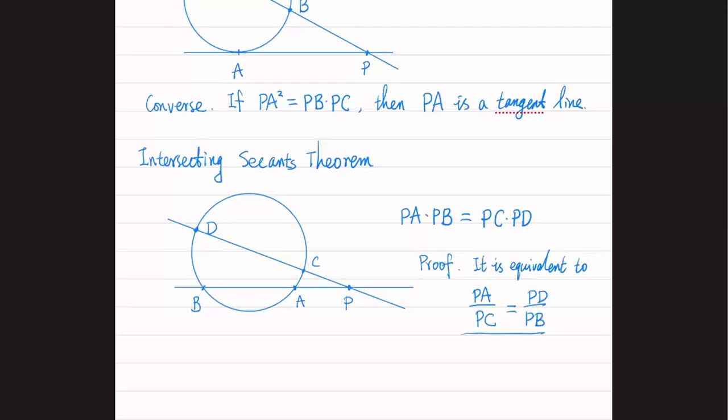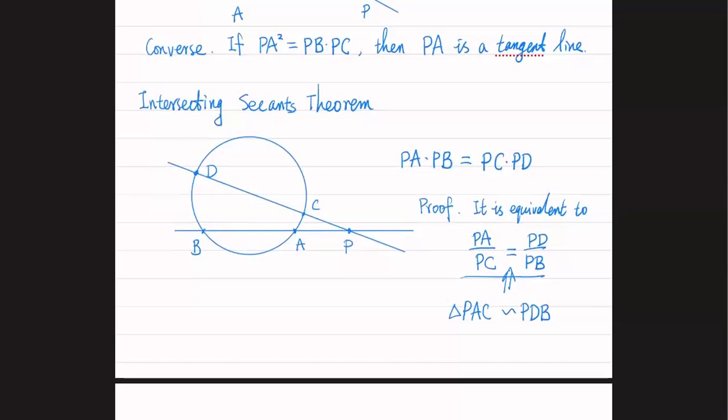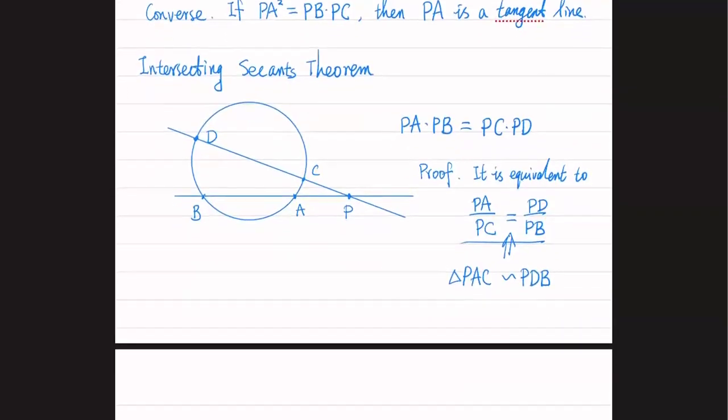So to prove this, we want to check the two triangles, PAC and PDB. Okay, so you did this in the homework. This is the proof.